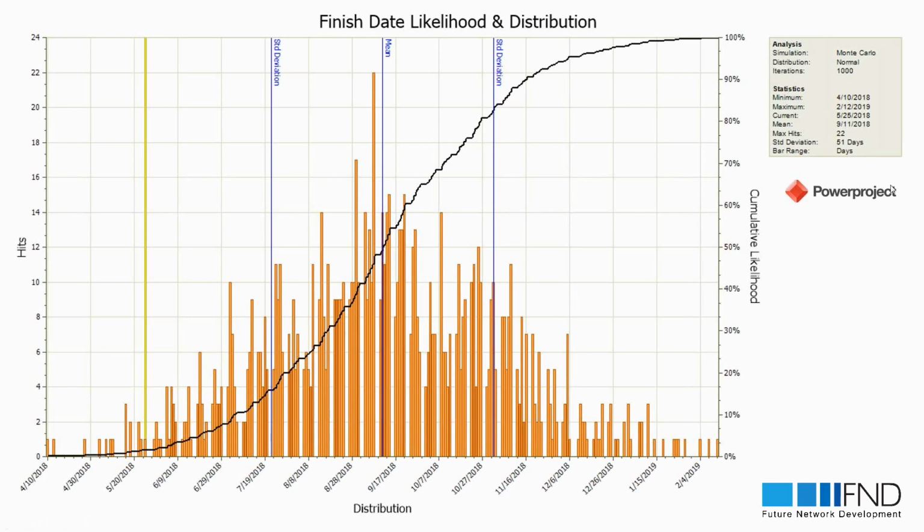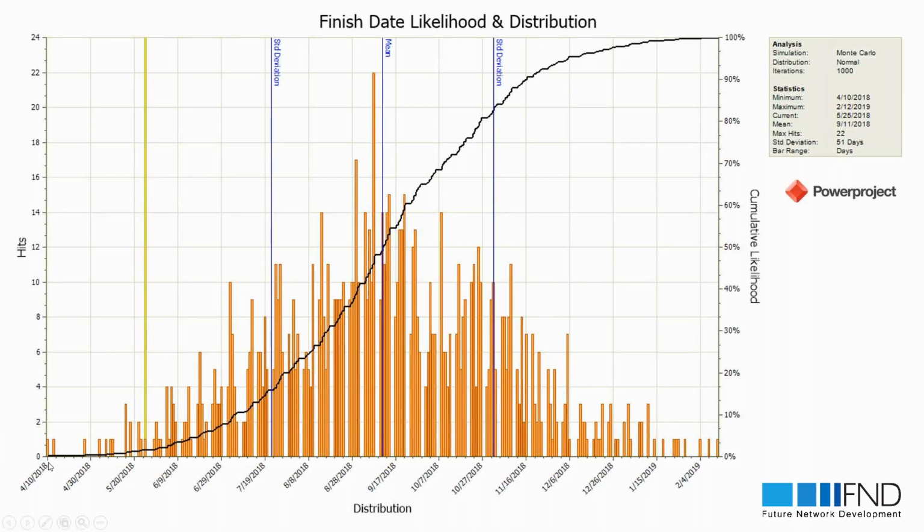It is saying that, okay, my project in the best case is going to finish here, let's call it April 10, but you can also have December, February here, so you can see the best case and the worst case scenario.